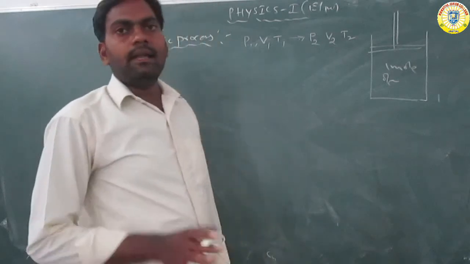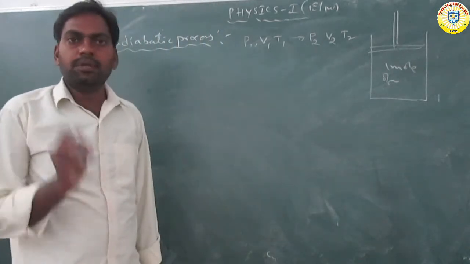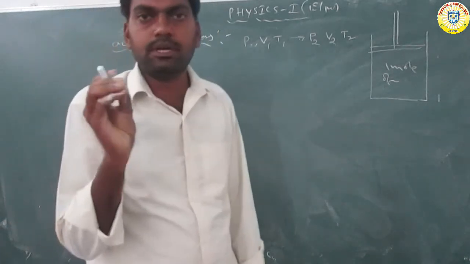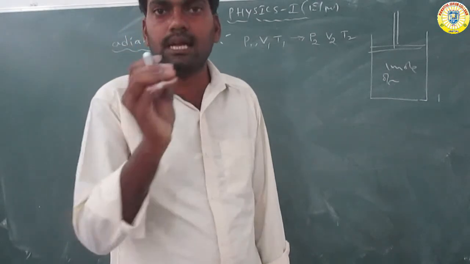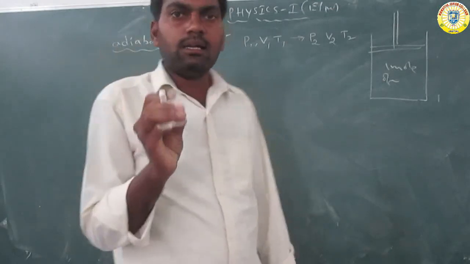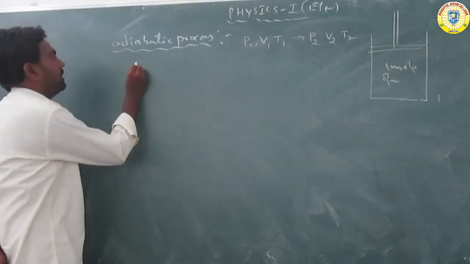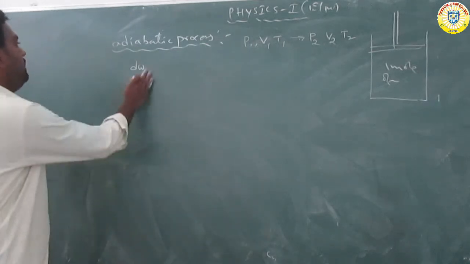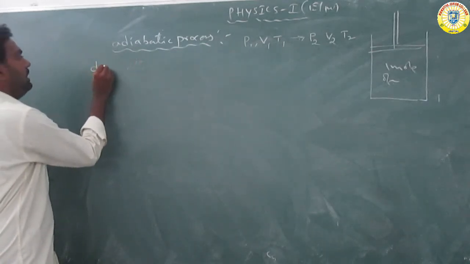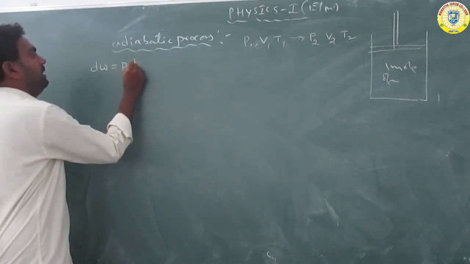In the adiabatic process, during a small expansion dV, the small work done is dW. So dW is equal to P dV.